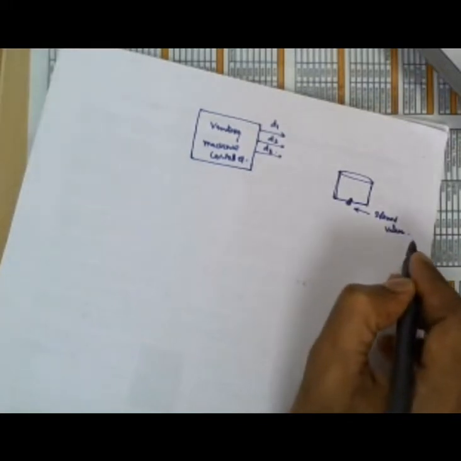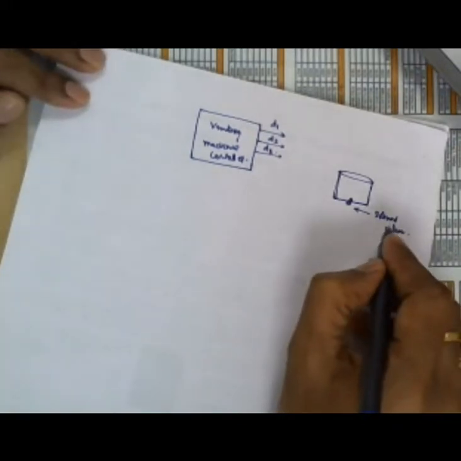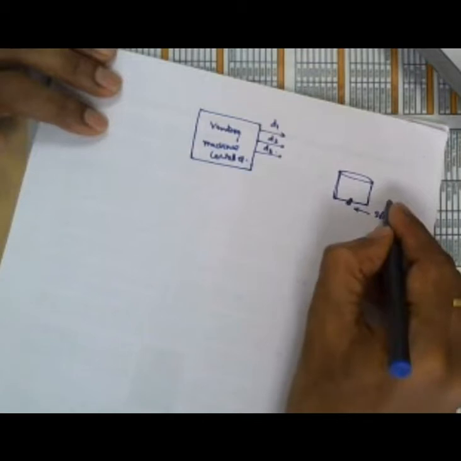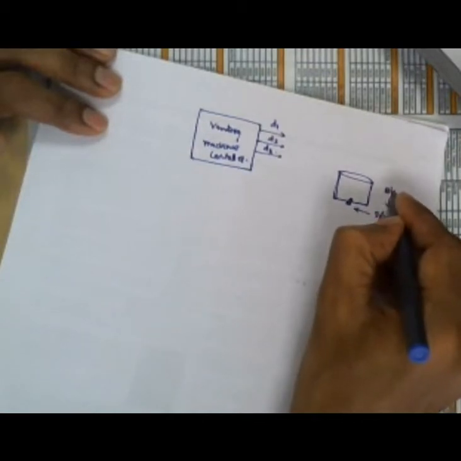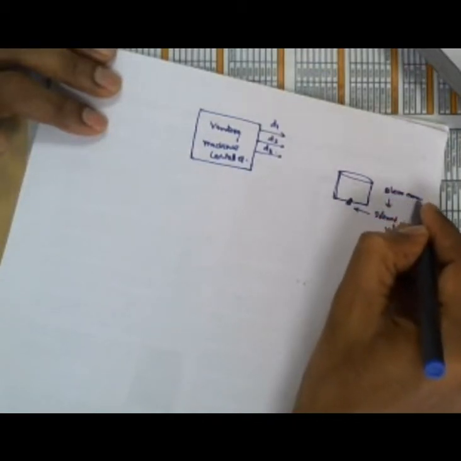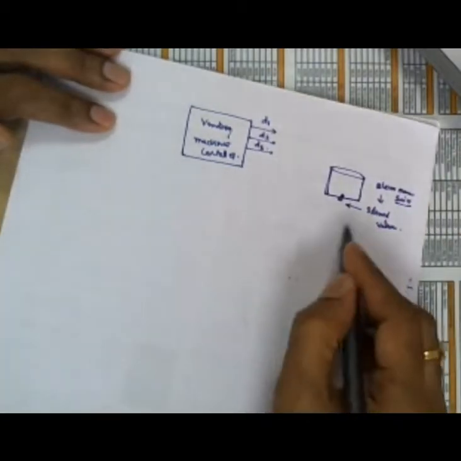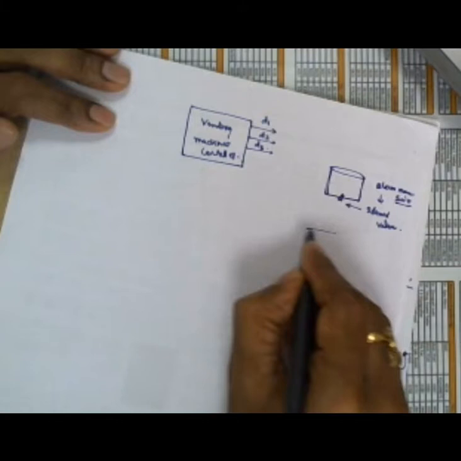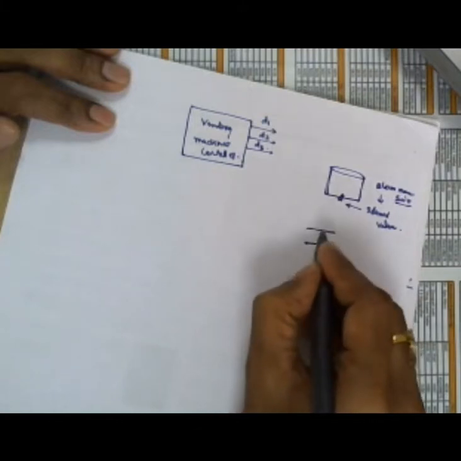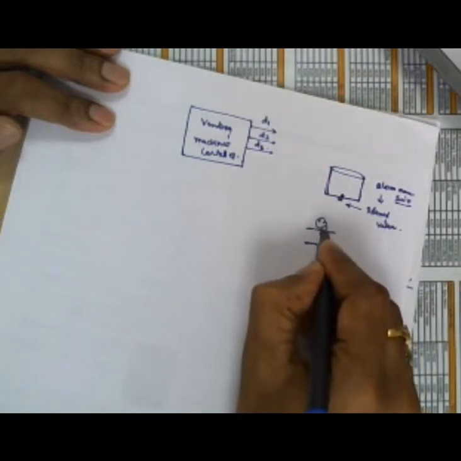A solenoid valve is an electromechanical switch. It is one electromechanical switch. That means it is something like this. This is the pipe, right? This is some system here. I have some coil system here.